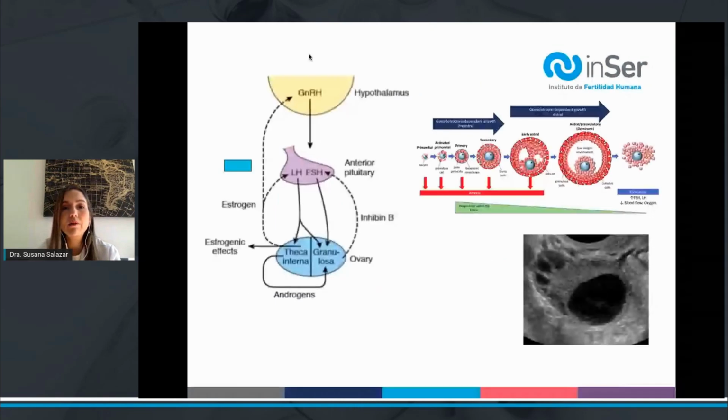Before talking about medications, I would like to quickly remind you how the hypothalamic pituitary ovarian axis works. The hypothalamus secretes GnRH that travels down to the anterior pituitary and binds the receptors of the secretory cells of the adenohypophysis. In response to GnRH stimulation, these cells produce LH and FSH, which travel into the bloodstream.